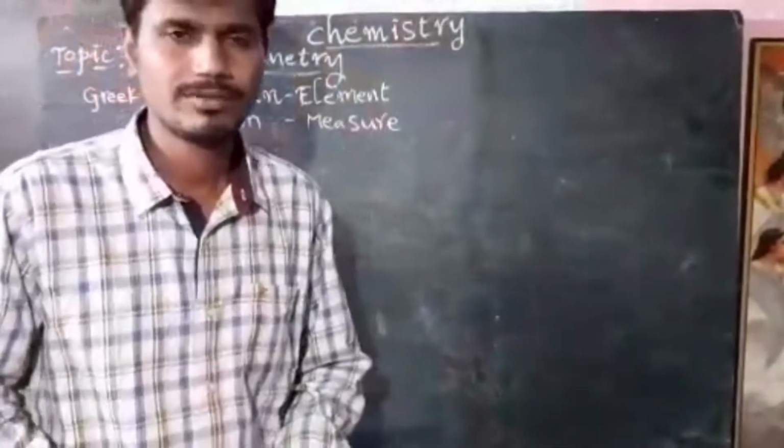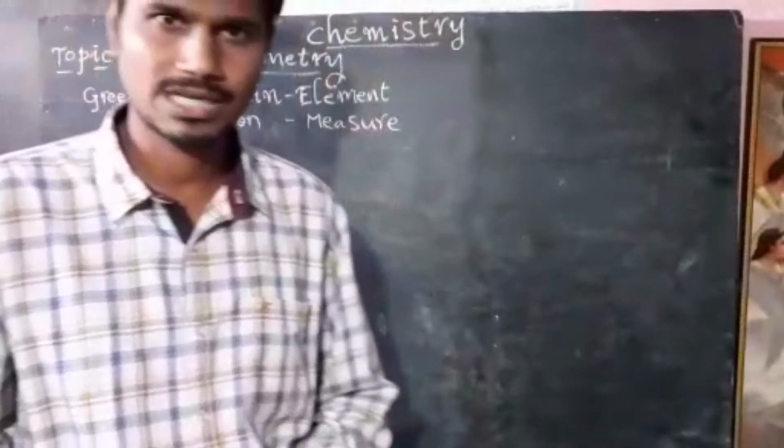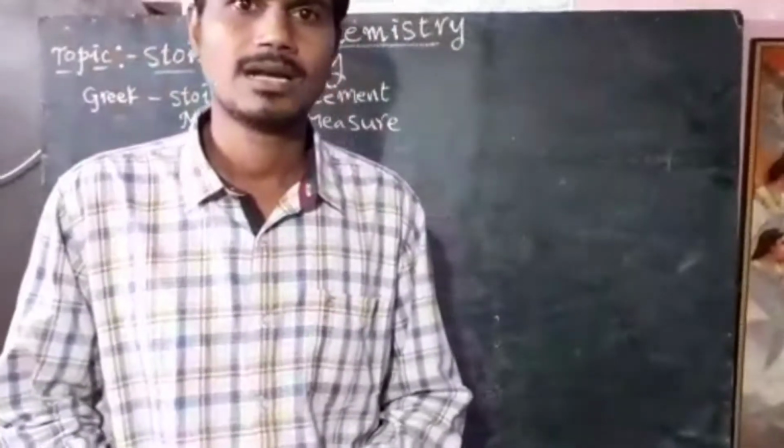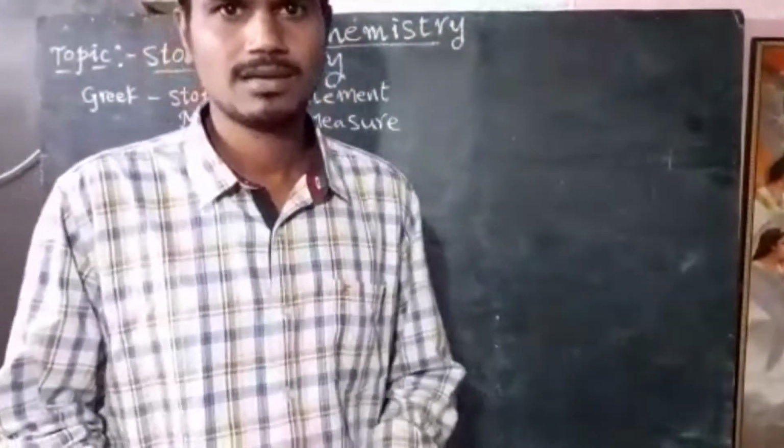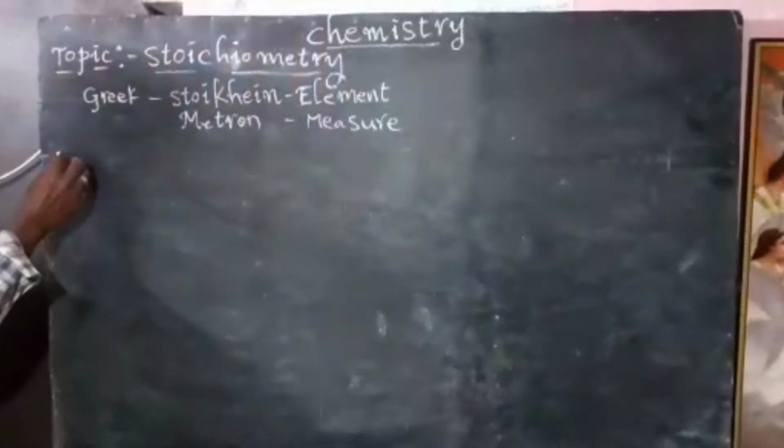We know very well about the father of modern chemistry. Who is that? Antoine Lavoisier. He proposed one law. Do you know that? The law of conservation of mass.